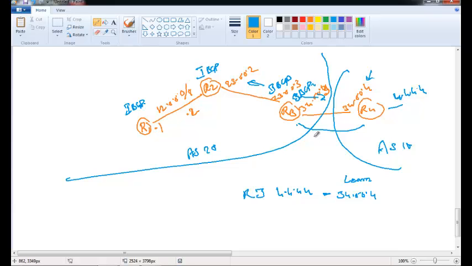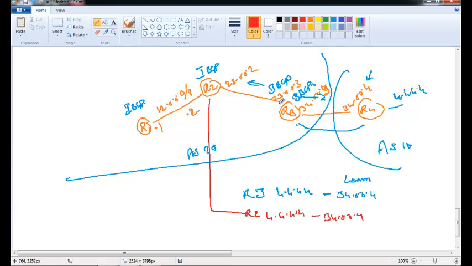Right. So now R3 will advertise this route to R2. Now, how will R2 learn this? R2 will say that I learned 4.4.4.4, from where? From 34.0.0.4.